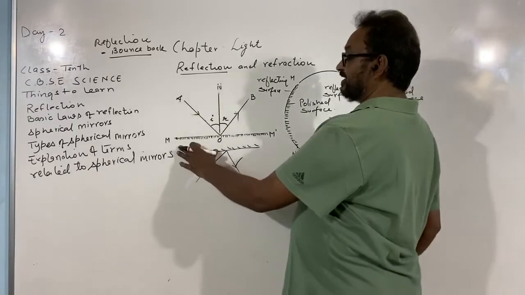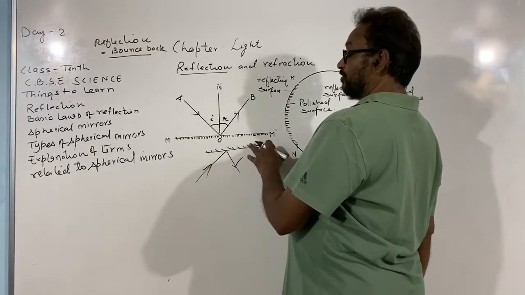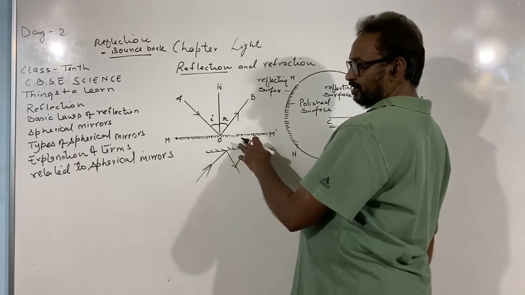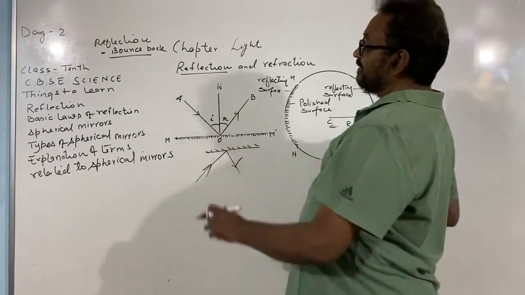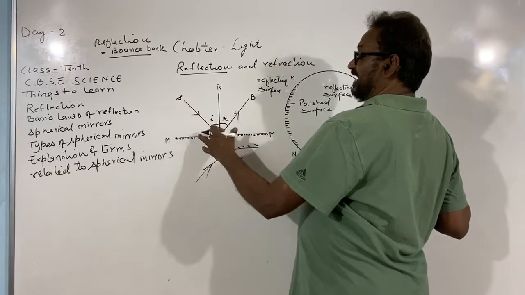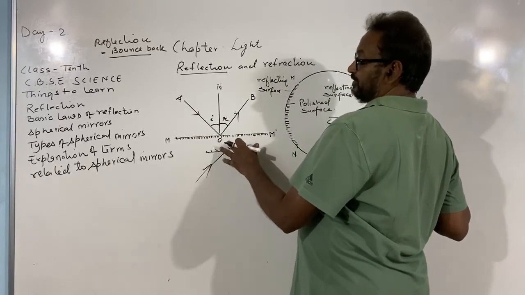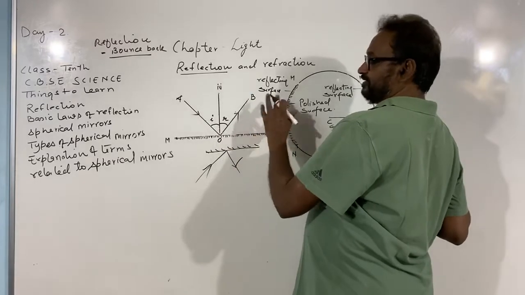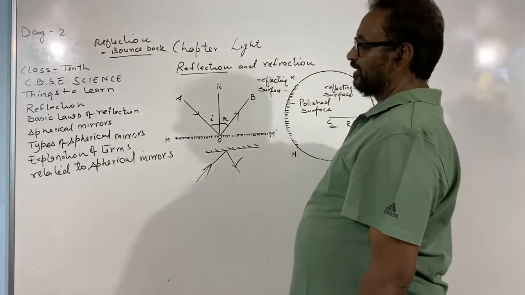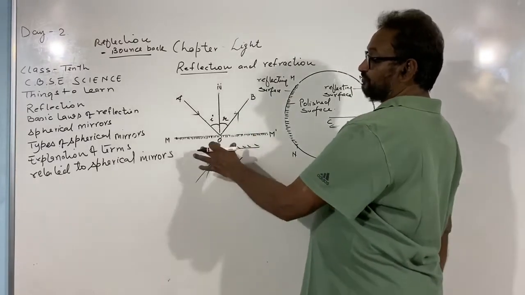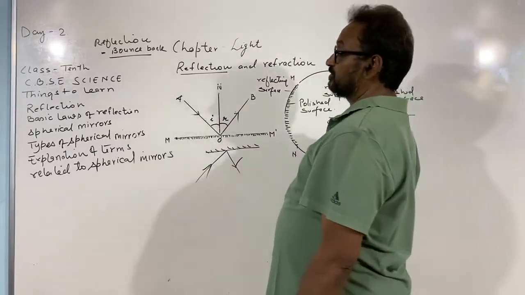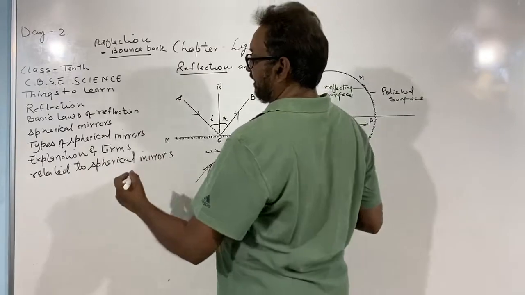A plane mirror is a glass plate whose one surface is silver polished. When a ray of light strikes this mirror, it bounces back, it is reflected. The reflection of light from a plane mirror takes place according to three laws.